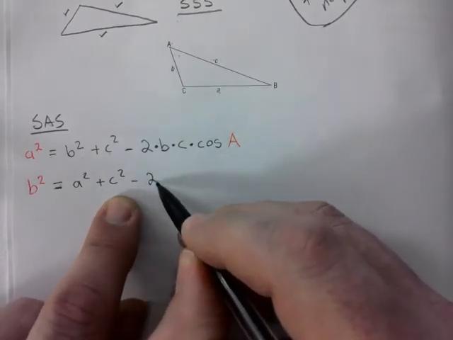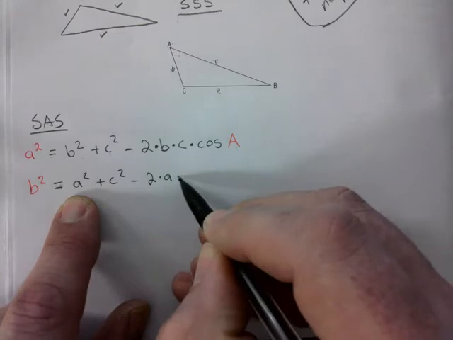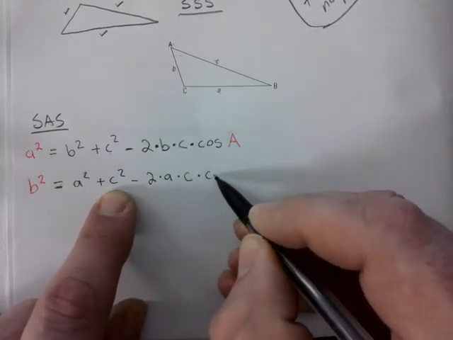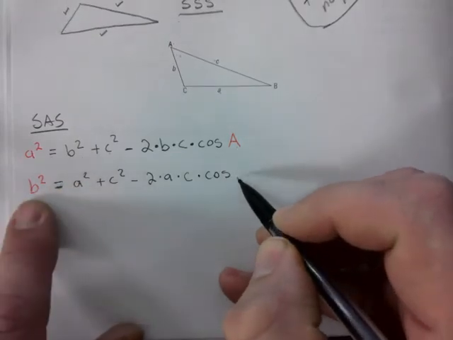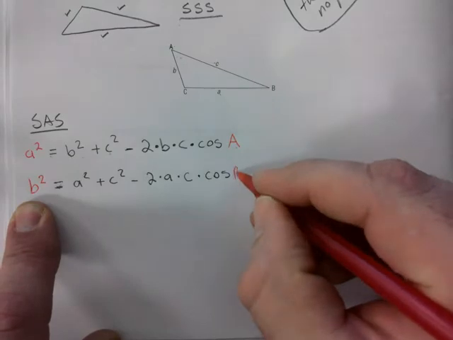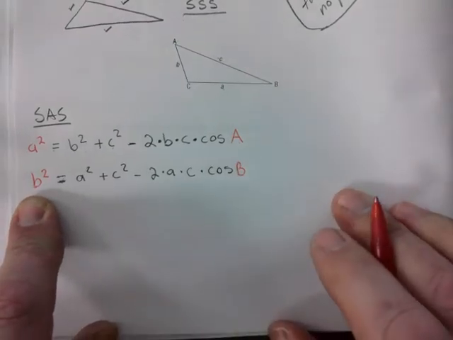Minus 2 times A times C times cosine of the angle that's across from that side you're trying to find. Look at the pattern, that's the important thing. Capital B we put down.